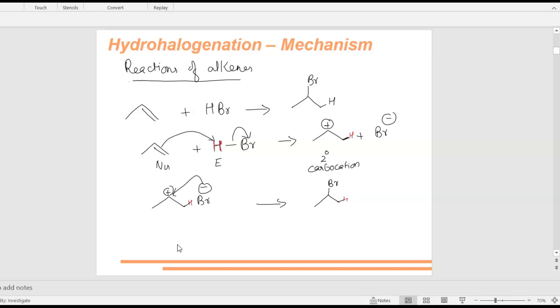So if you have a chiral starting material, then you end up with a racemic product. That means you will get equal amounts of R and S enantiomer in your final product. Let me show that to you as an example.